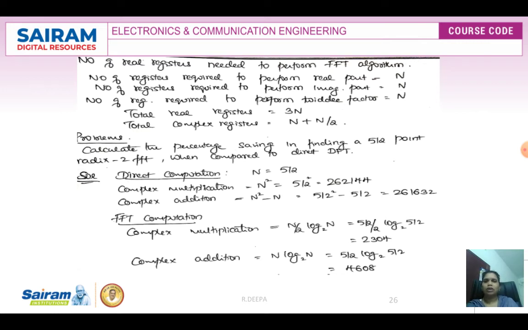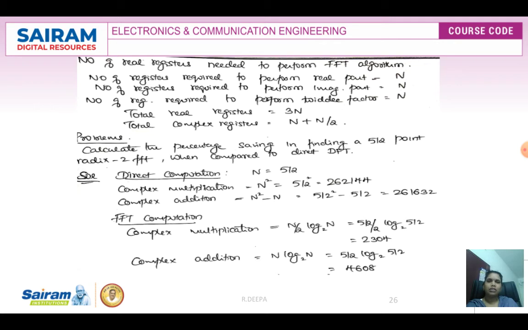So we have a problem statement: calculate the percentage saving in finding a 512 point radix-2 FFT when compared to direct DFT. You need to take capital N equal to 512, and do it initially with direct computation, then compare with FFT computation, and later calculate the percentage saving.